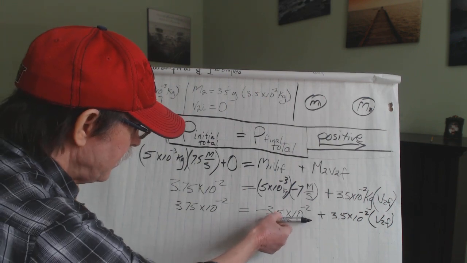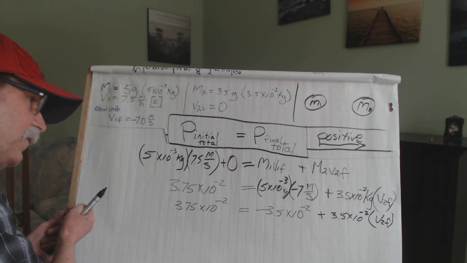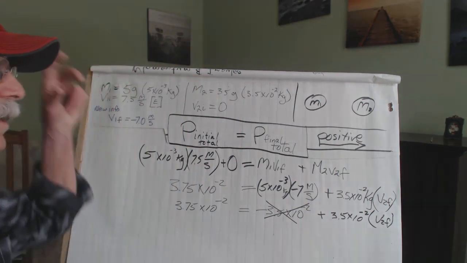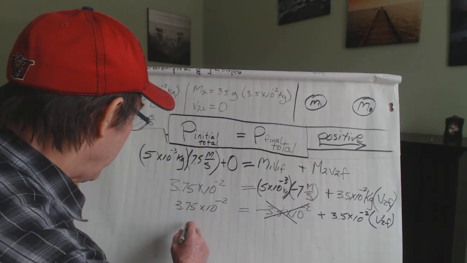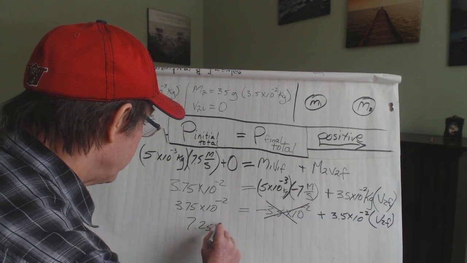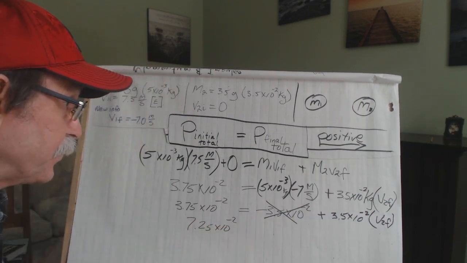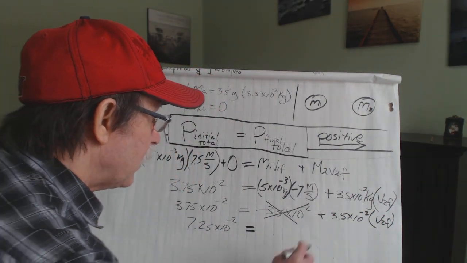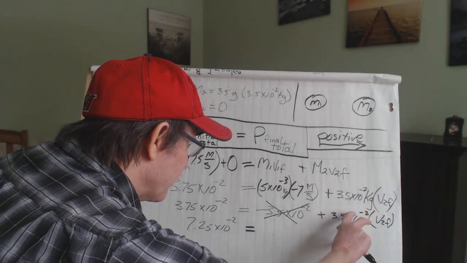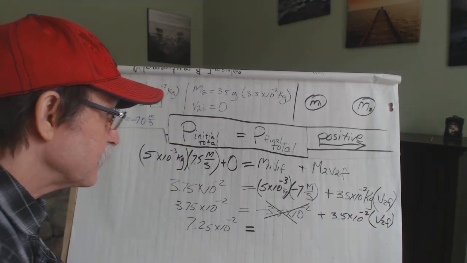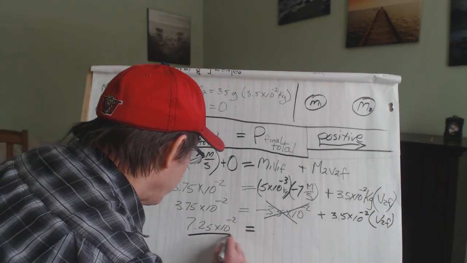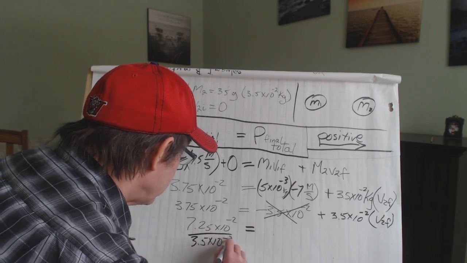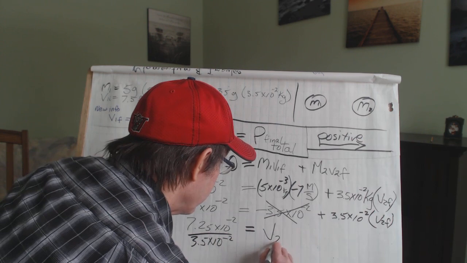Now, this one here, I'm going to add this term to both sides, and I will end up with 7.25 times 10 to the minus 2. This one I'm going to take and divide out, so I'm going to divide out the 3.5 times 10 to the minus 2 is equal to v2f.